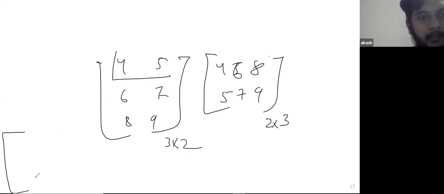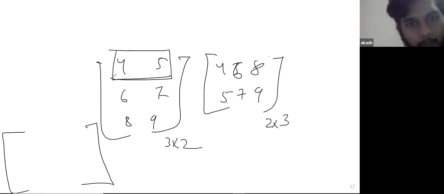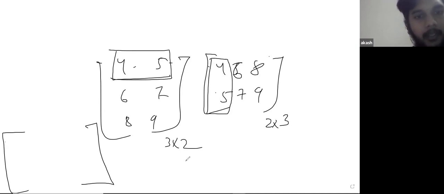So let's try a 3 cross 3 matrix. Now take the first row, multiply this with the first column. 4 into 4, 5 into 5. Give me a second now.